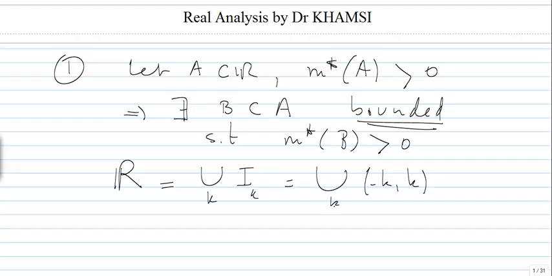If you want them to be disjoint, we can have them as the union of k, k plus 1, k in Z. We can have them as intervals of fixed length also.